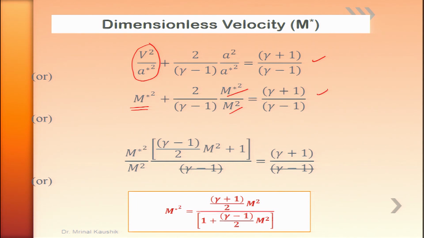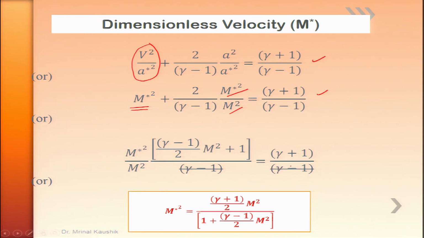Taking out M star square and M square as common in both terms, we are left with gamma minus 1 by 2 M square plus 1 in the numerator divided by gamma minus 1 in the denominator, and the right-hand side has gamma plus 1 upon gamma minus 1.